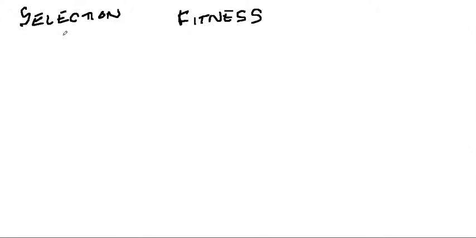Now, selection works on the genotypes, and we're going to focus on a simple system with two alleles at one locus. So if we only have two alleles, we can only have three different genotypes. We can have our homozygotes for the P allele, we can have our heterozygotes, and we can have homozygotes for the Q allele.